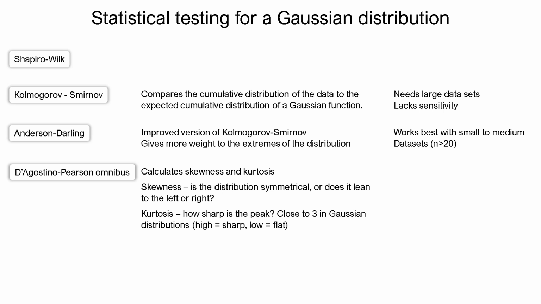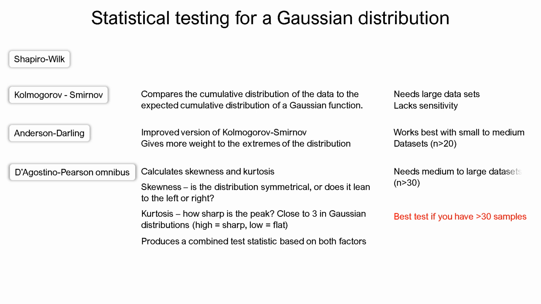The kurtosis of a Gaussian distribution is close to 3, with higher values indicating a sharper peak and lower values a broader peak. The test produces a statistic that incorporates assessment of both factors. This is the best test if you have at least 30 samples, but it is not applicable to smaller sample numbers.